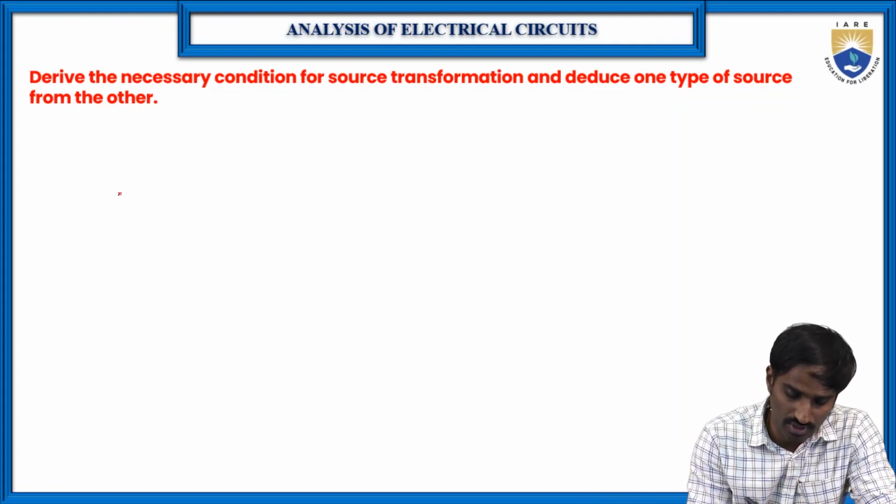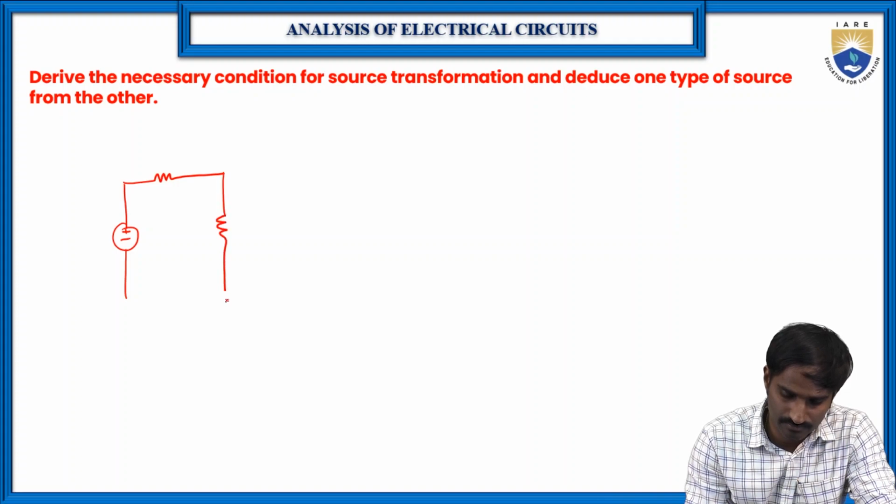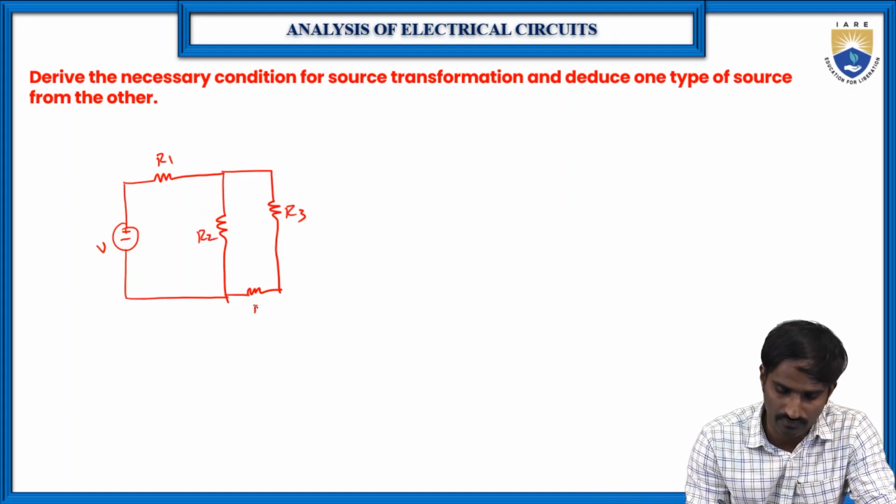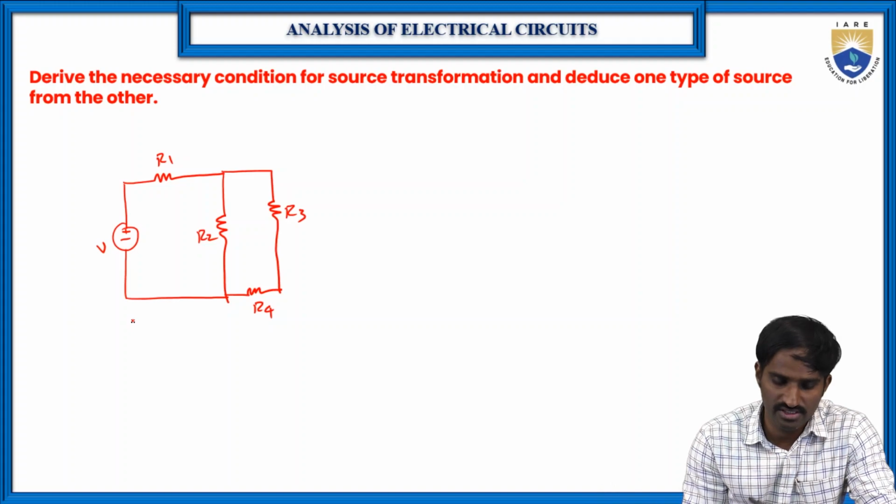Let us consider a circuit, having the source V and resistors R1, R2, R3, R4. In this case, there is a voltage source.